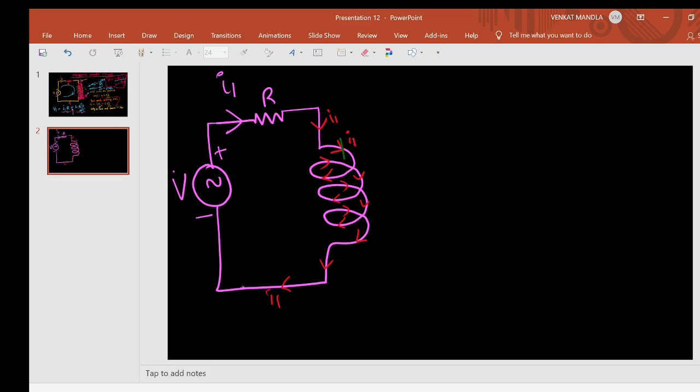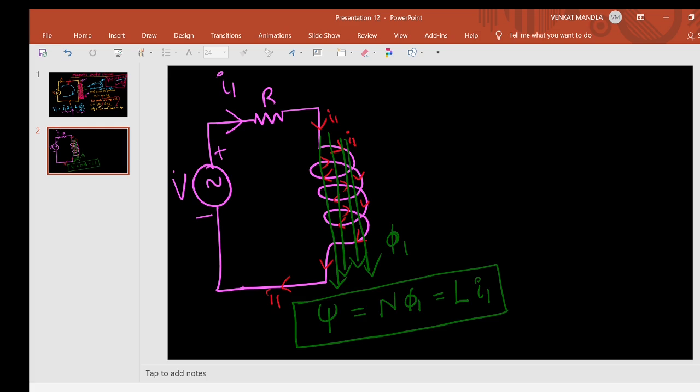This is the magnetic flux produced by using the right hand thumb rule. Let us say this is phi1. Now from this, the flux linkage psi equals number of turns into phi1, that equals L into I1. This is the relation.